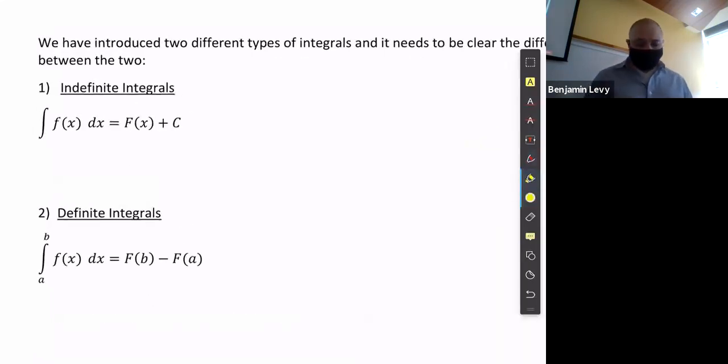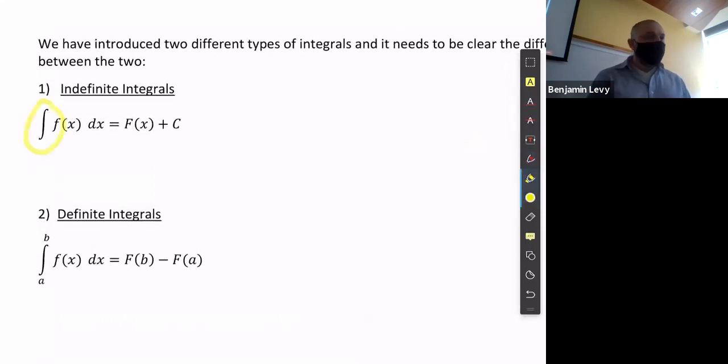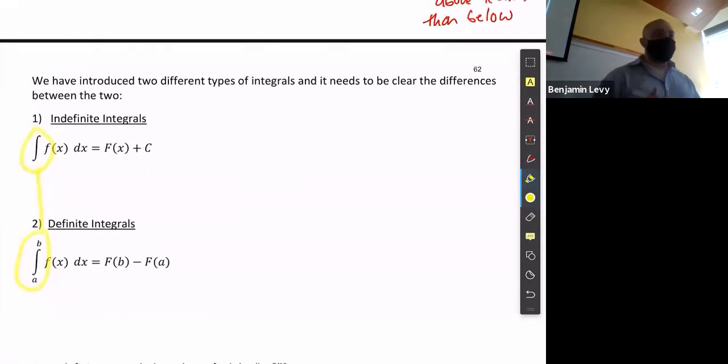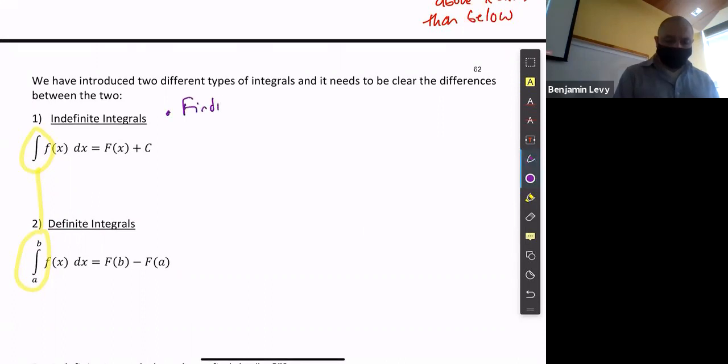That's the first thing. That's when there's no bounds. This is the difference, when there's bounds on the integral versus no bounds. If there's no bounds, like the first one, it means just do the antiderivative. And since we're just doing the antiderivative, we do plus C to account for constants. So this is just what I would describe as finding the family of antiderivatives.